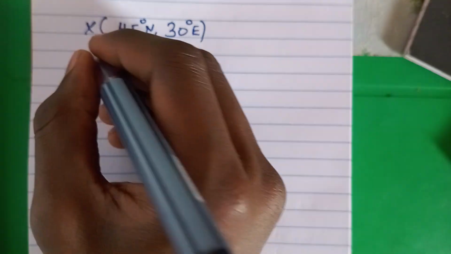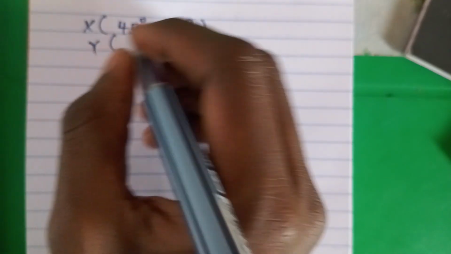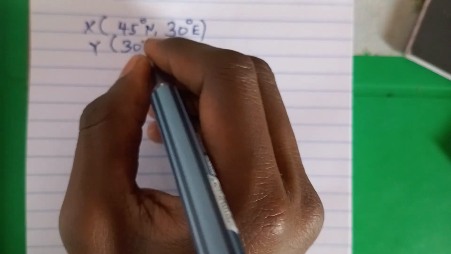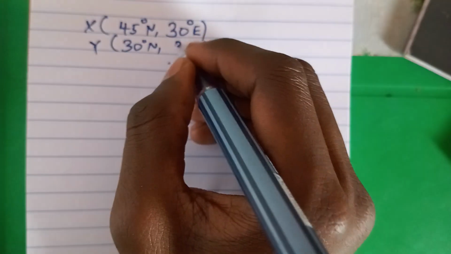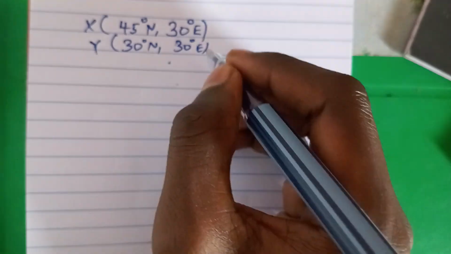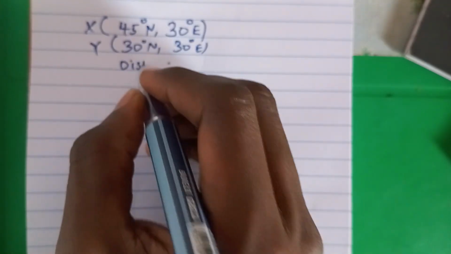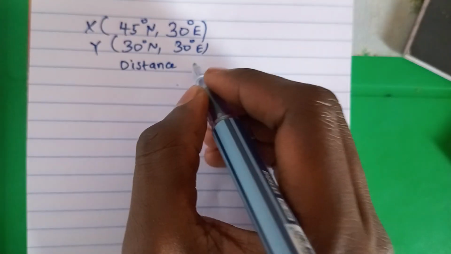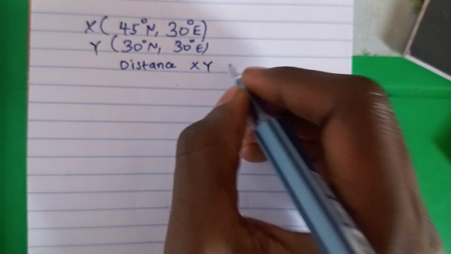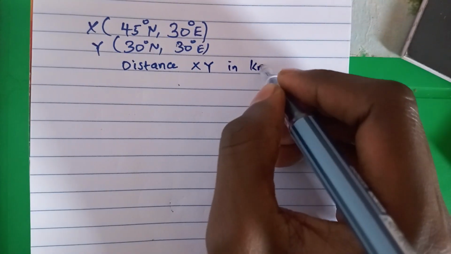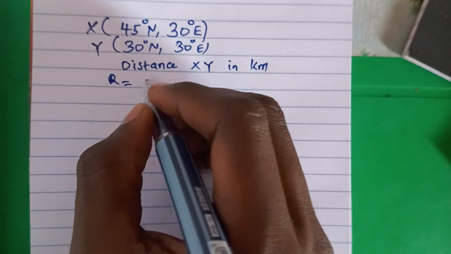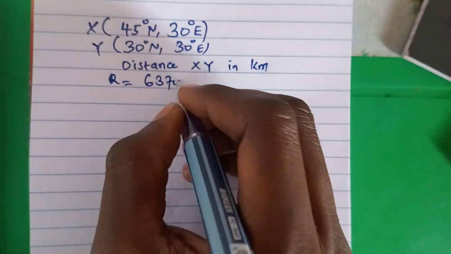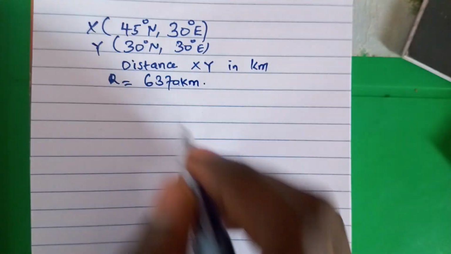And the other one, Y, its position is 30 degrees north, 30 degrees east. We have to calculate the distance, and we call it distance XY in kilometers. We are given R as 6,370 kilometers as the radius of the earth.